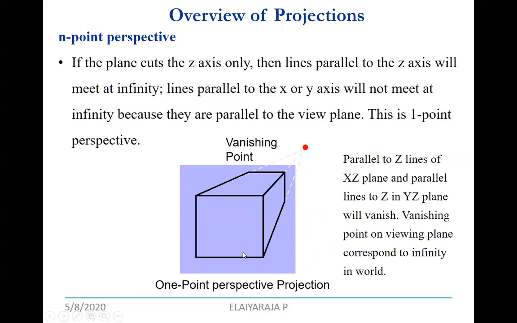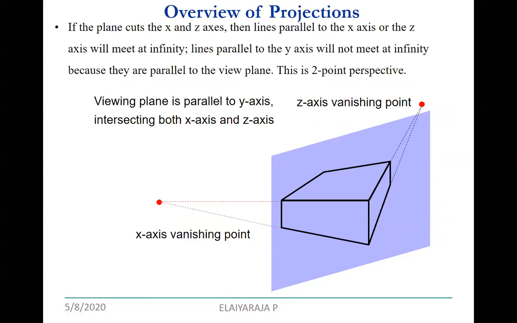Next, 2-point perspective. If the plane cuts the x and z axes, then lines parallel to the x axis or the z axis will meet at infinity.